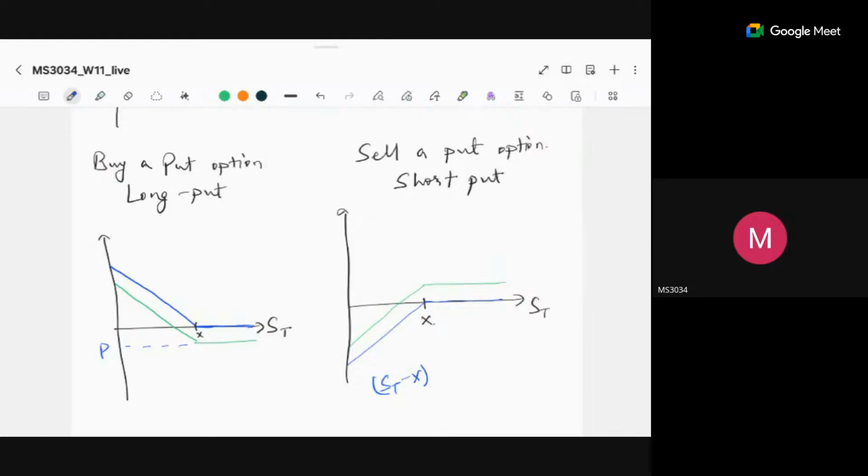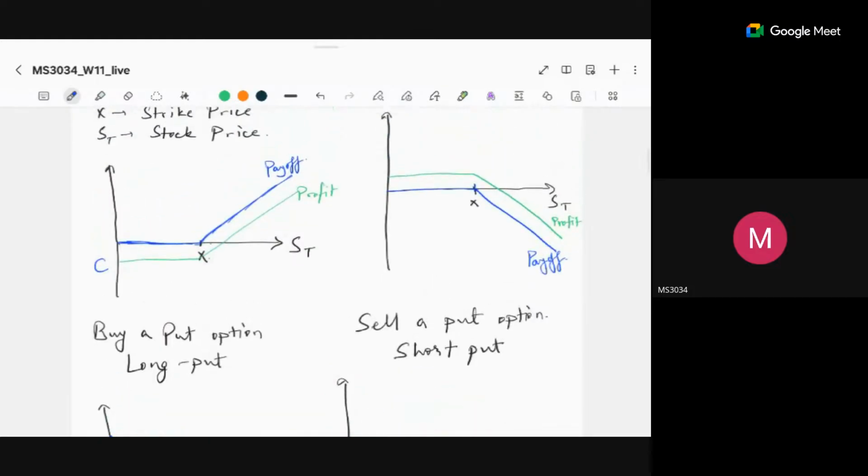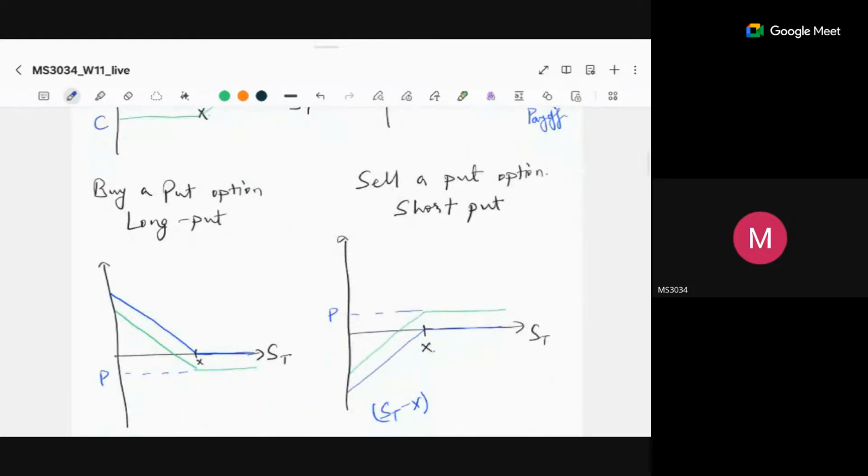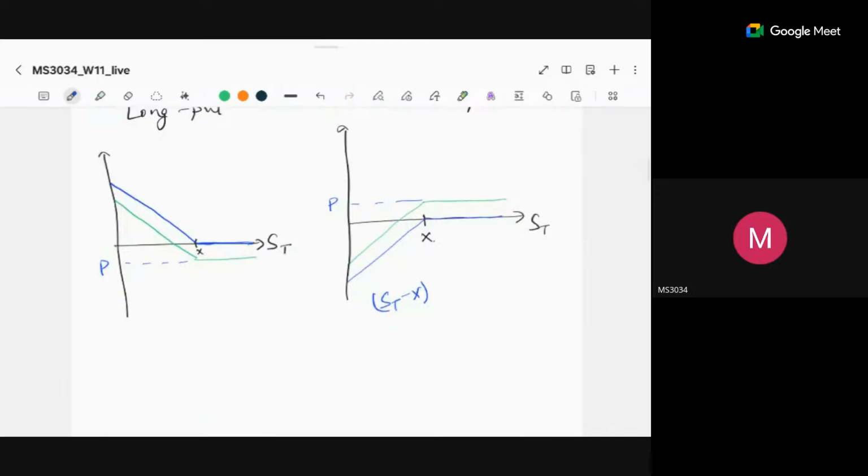Here it is negative because X is more than ST. And here, because you are selling, you will get the premium upfront. So this is the premium you are getting upfront. So these are the four payoff diagrams which you should know how to get, and what these mean, in a very simplistic way.